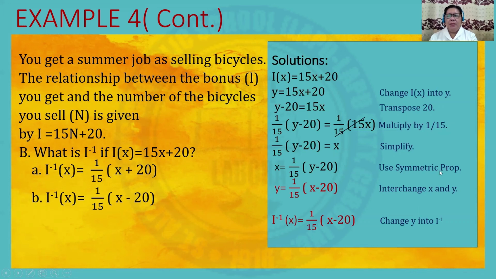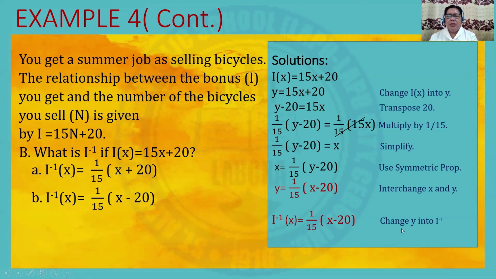Apply the symmetric property of equality. So you start writing with X equals 1/15 times Y minus 20. Then interchange X and Y. So you will have Y equals 1/15 times the quantity X minus 20.